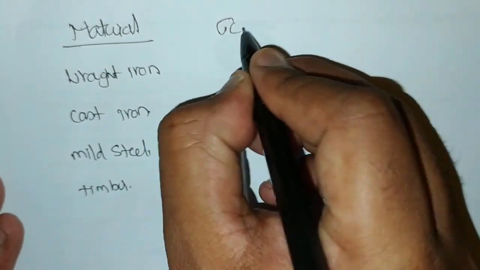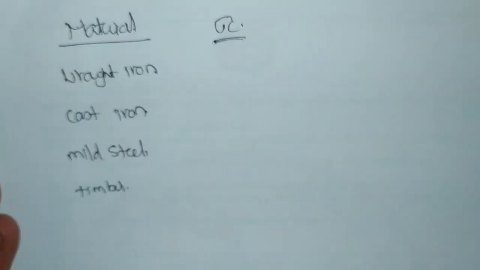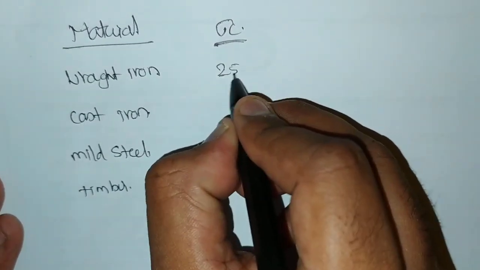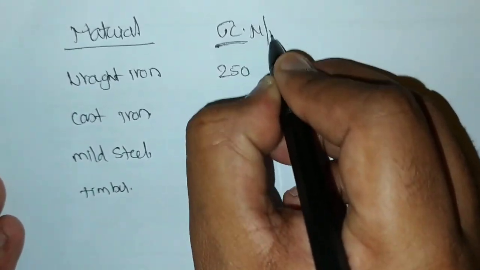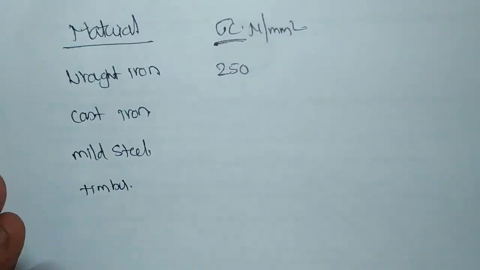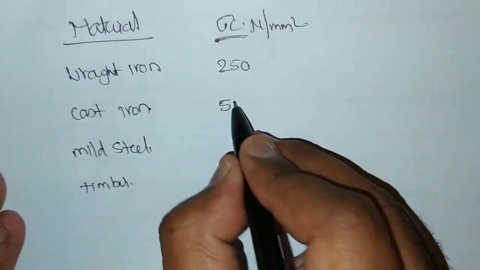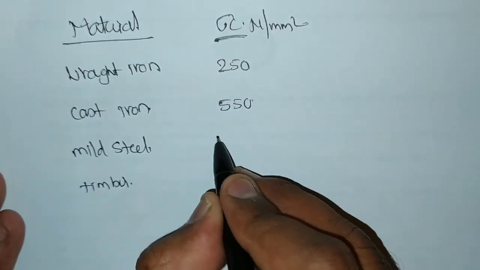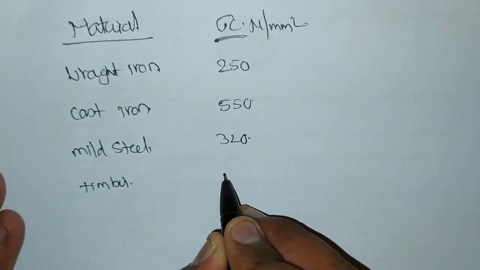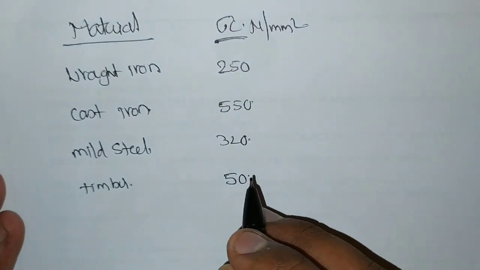For these different types of materials, the value of sigma C for wrought iron is 250, the units being Newton per mm square, for cast iron it is 550, for mild steel it is 320, and for timber it is 50 Newton per mm square.